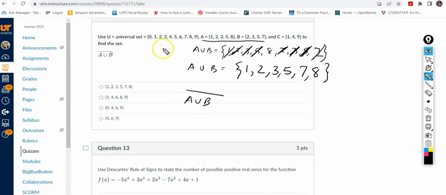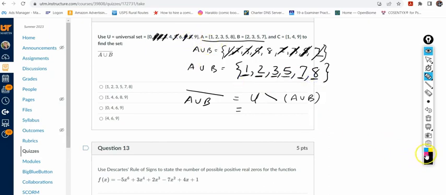So you're going to take your universal set, which is U, and subtract or get rid of everything that's in A union B. So I'm going to take my universal set and get rid of 1, 2, 3, 5, 7, and 8.